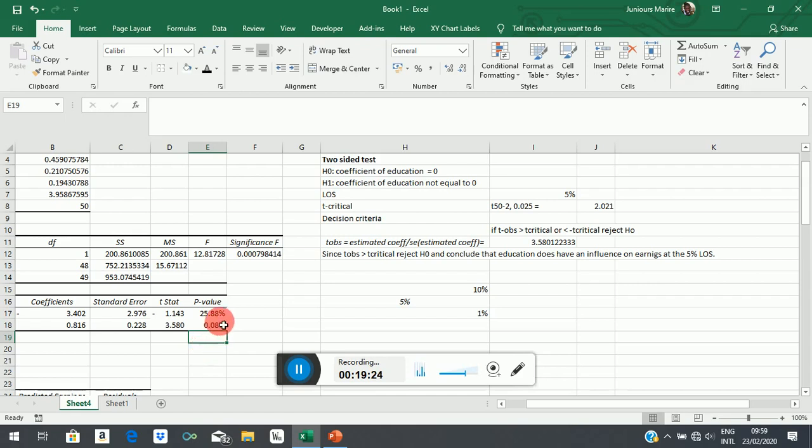So this one would not be significant if you are working with 5%, because look, it's 25.88%. So the p-value is the exact level of significance at which we can reject the null hypothesis. Okay, and so this level of significance there is quite strong. It's very small, which means we have very strong evidence against the null hypothesis. I will stop here.